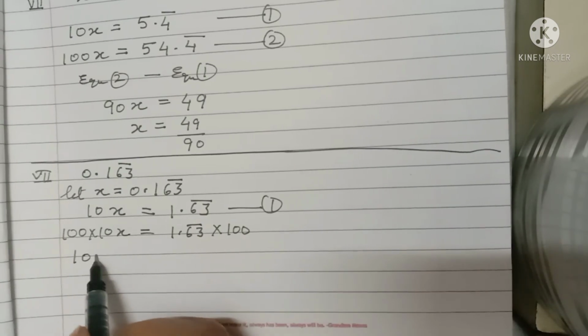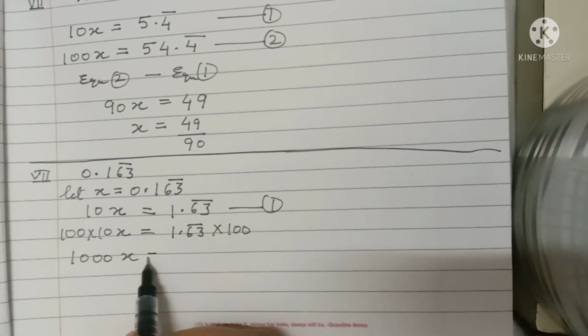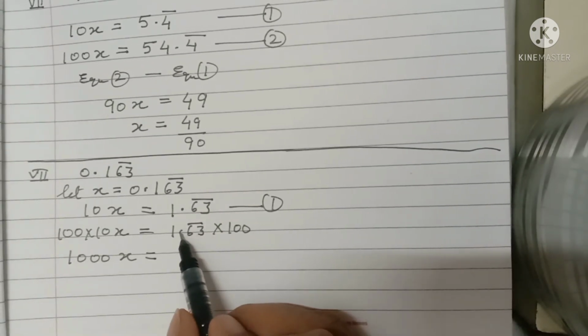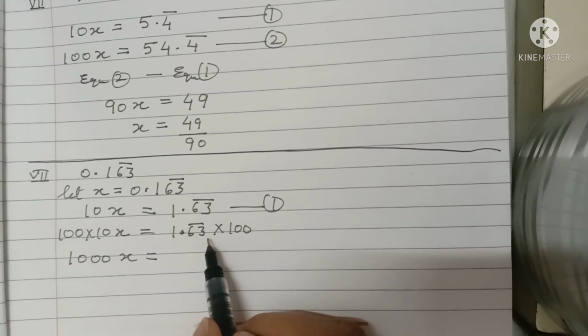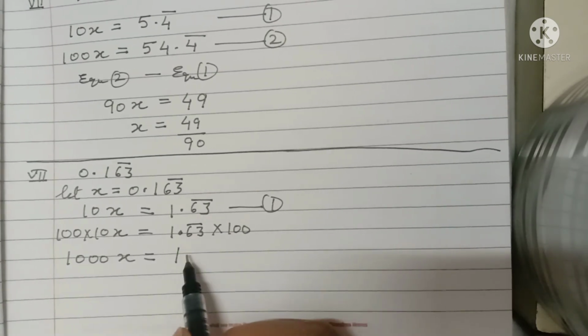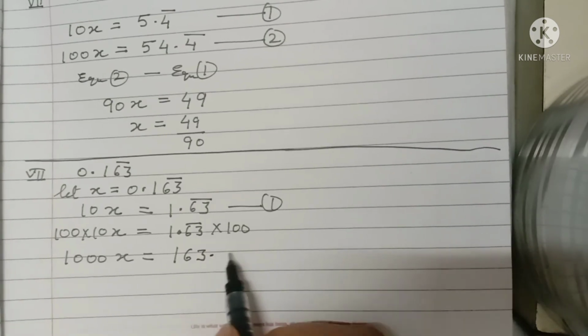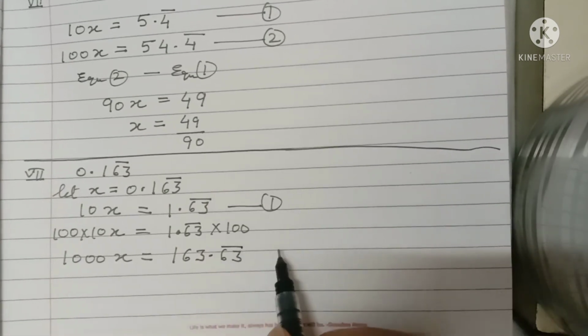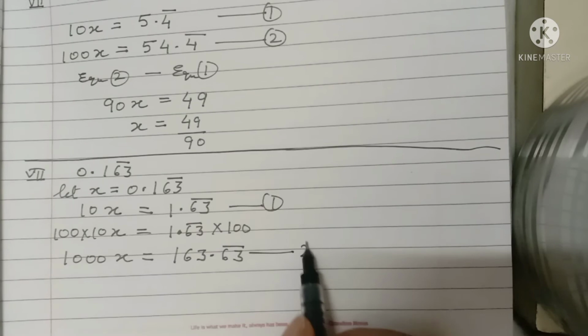Now 1000x is equal to, the decimal will shift after two digits to the right, so this becomes 163.63 bar. You consider it equation second.